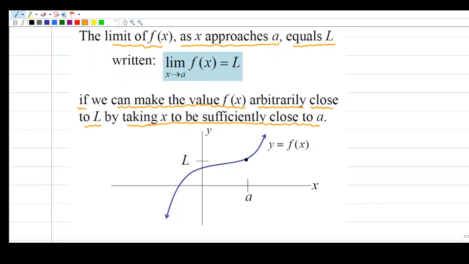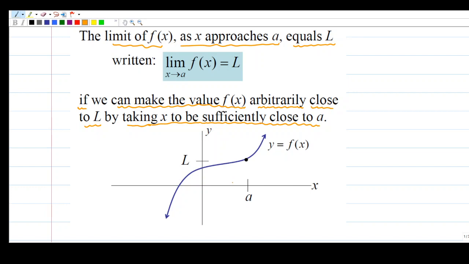So if you look at the diagram, you've got the graph of y is equal to f of x. And we are looking at what happens very close to a.